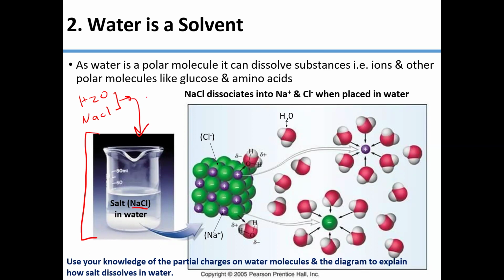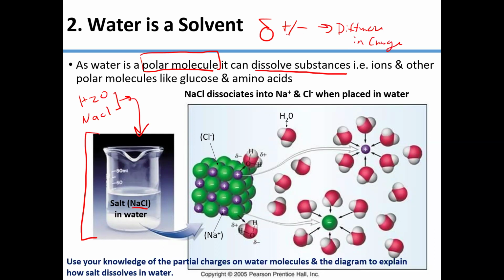Now, what's happening here is water is also a polar molecule, and this is why it can dissolve those substances. Remember, with polarity we're looking at charges. If we think back to our first part, we have all of our deltas, either a delta positive or delta negative, because delta represents a partial charge.